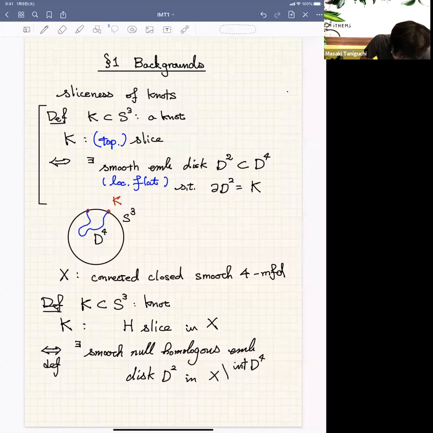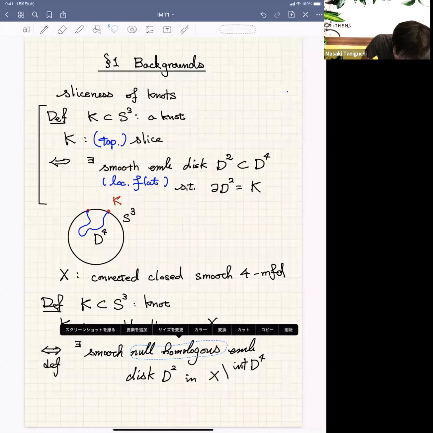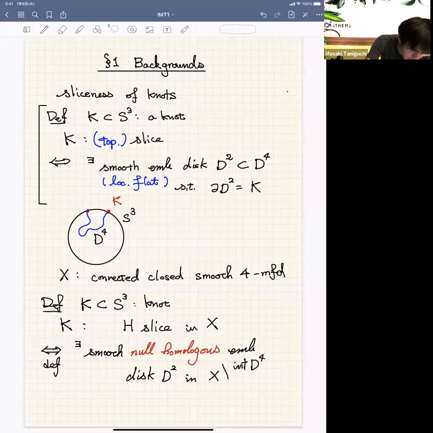The point is that we are assuming that the disk is null-homologous. Topologically H-slice is defined in a similar way, using a locally flat topological embedding.